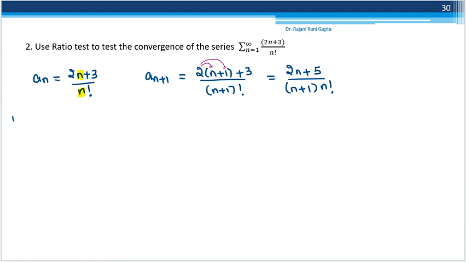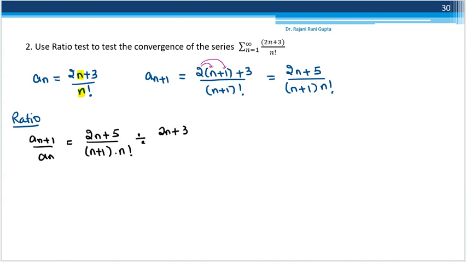Okay, let's find the ratio a_{n+1} over a_n. This gives you (2n+5) over (n+1) times n factorial, divided by (2n+3) over n factorial.